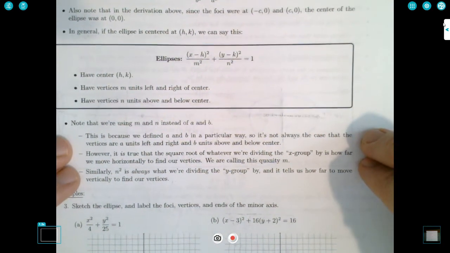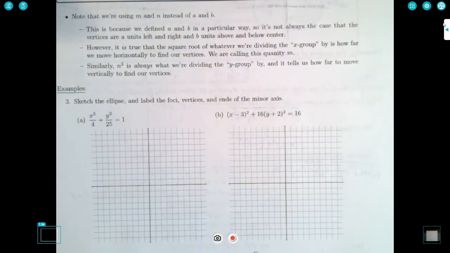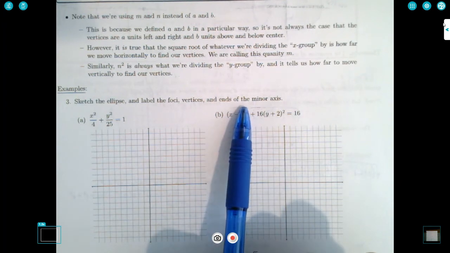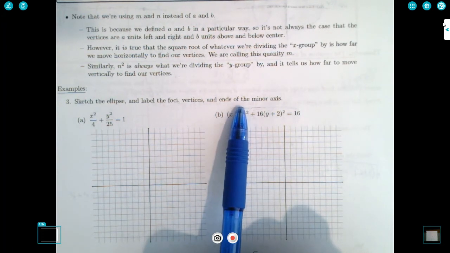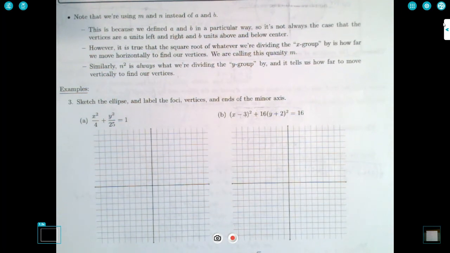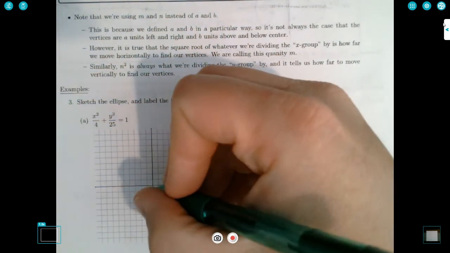I said this before, so let's just practice. Let's sketch the ellipse, and label the foci, vertices, and ends of the minor axis. The ends of the minor axis aren't technically called vertices, although I might call them minor vertices. This one is centered at (0, 0). So there's the center.